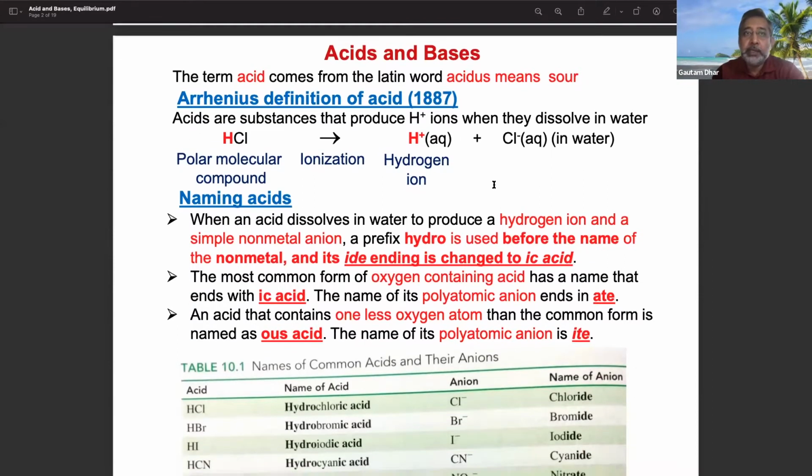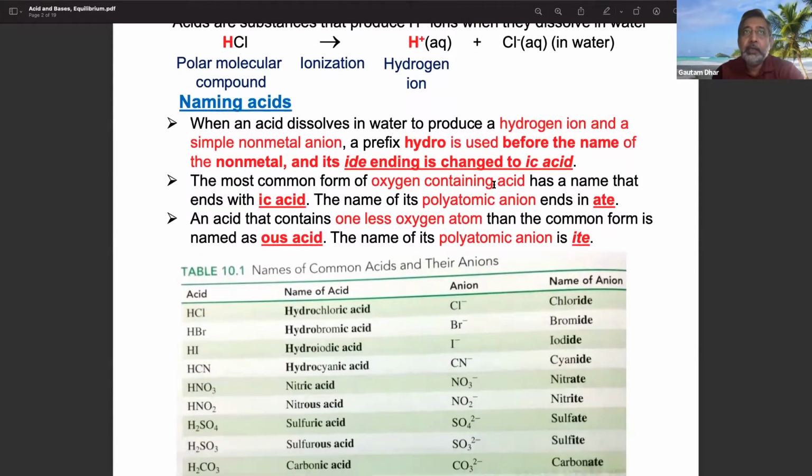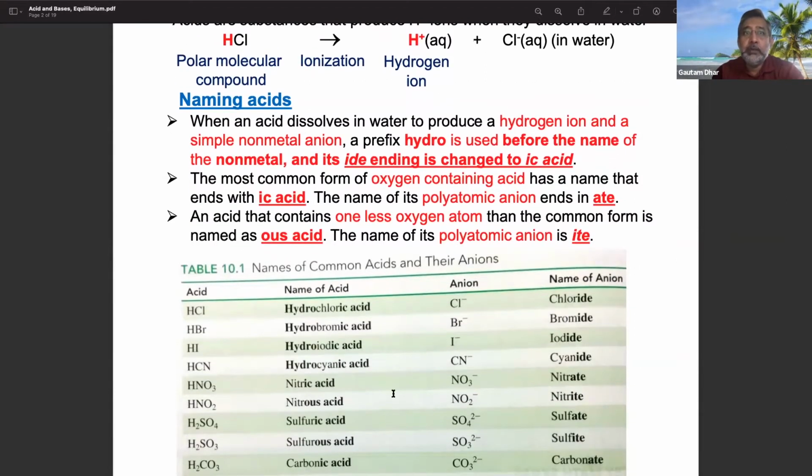Now, naming acids. These are some of the common names that you will come across. So when an acid dissolves in water, it produces a hydrogen ion and a simple non-metal anion. A prefix hydro is used before the name of the non-metal, and the "ide" ending is changed to "ic acid".